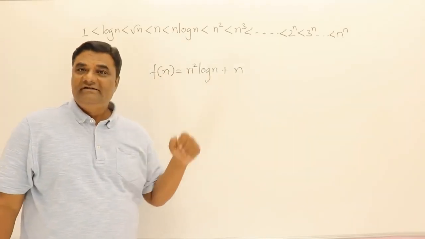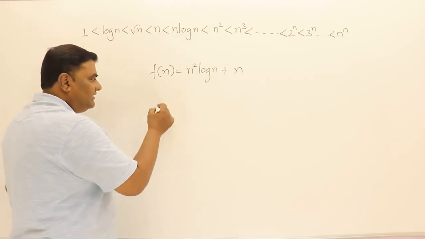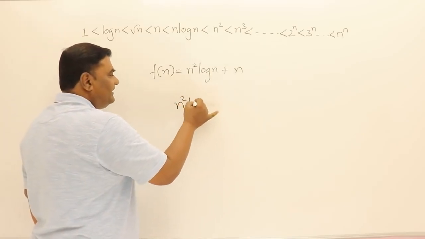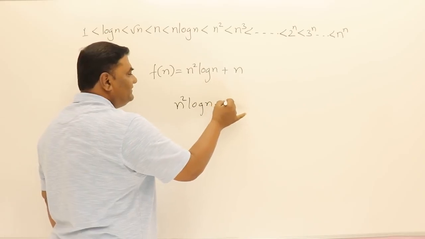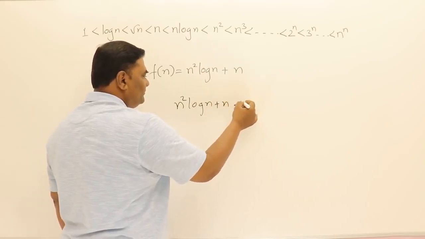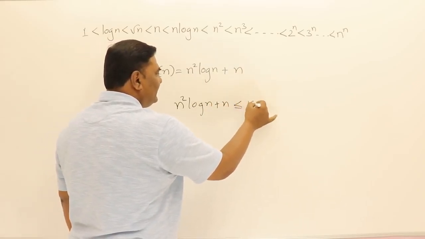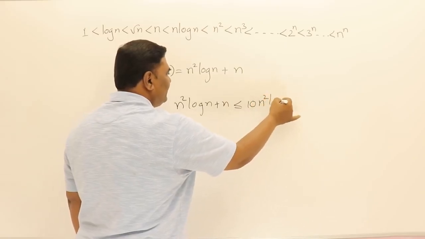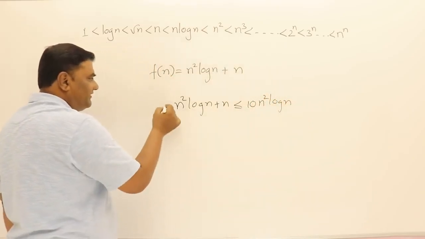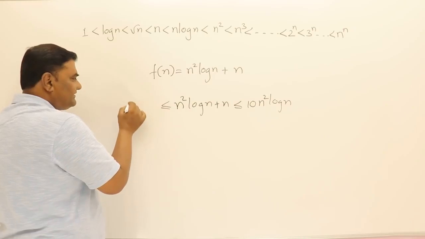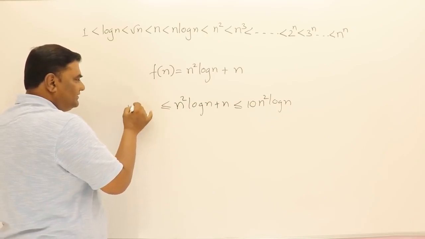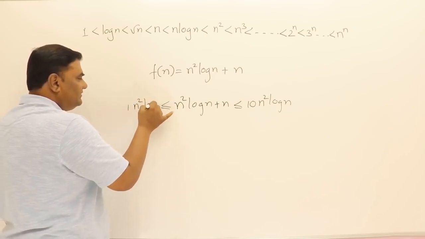Next, if f(n) is n square log n plus n, then n square log n plus n is less than or equal to 10n square log n. I just wrote some greater value there, and here it is greater than or equal to 1n square log n.